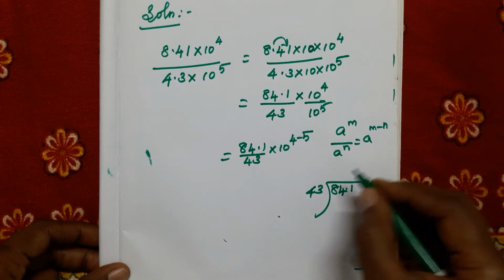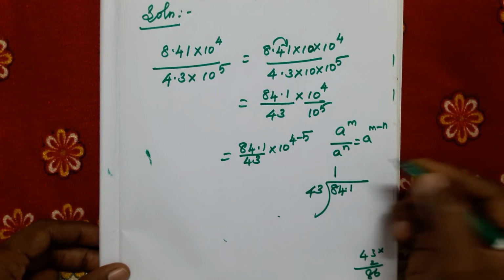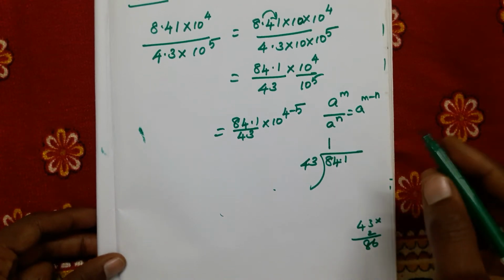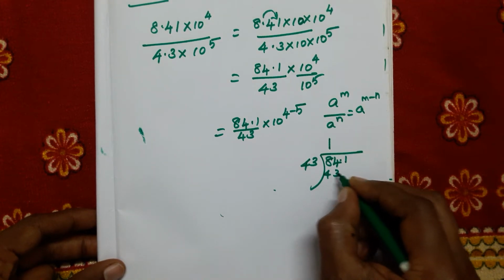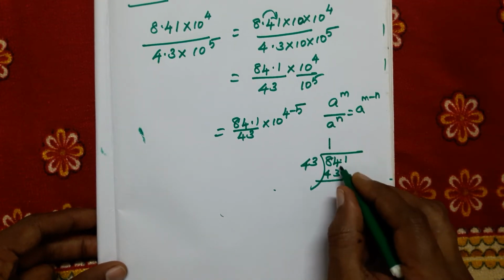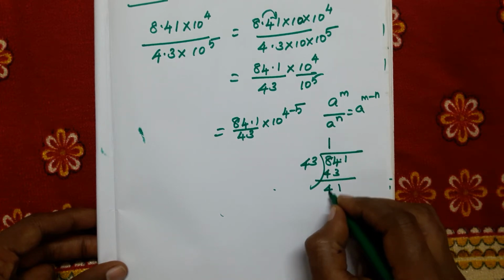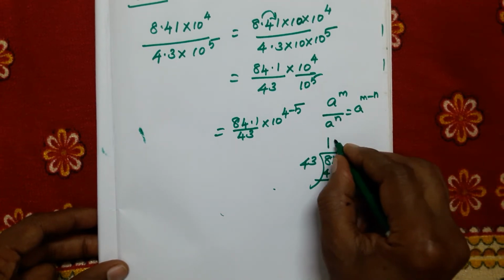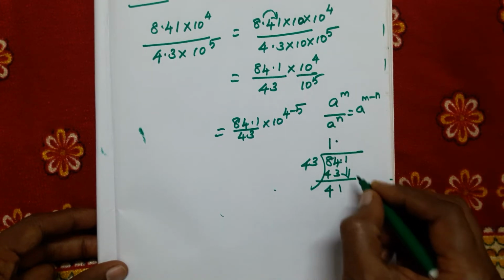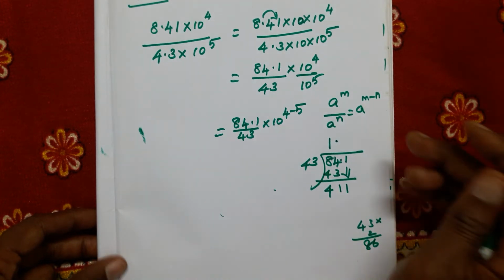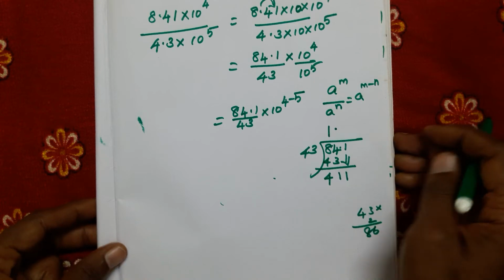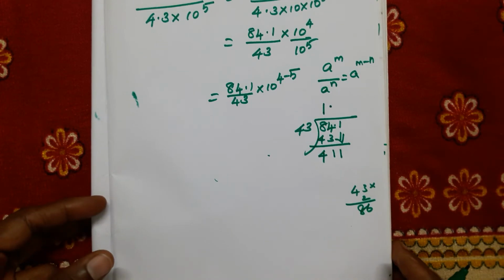It is greater than 84. So one time only it will go. So what are we getting one time? 43. Balance: here 4 minus 3, 1; 8 minus 4, 4. Next here we want to include 1 and take one digit down: 411. So which number next?